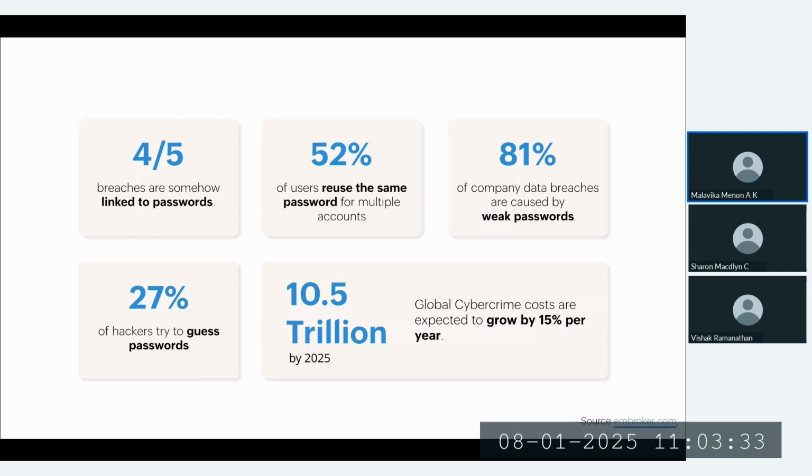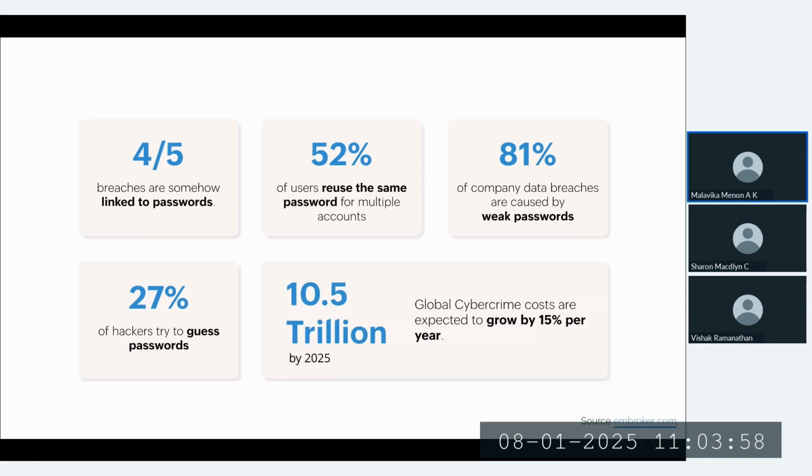As per mBroker, by 2025, global cyber crime costs are expected to grow by 15%, reaching 10.5 trillion. And also, 4 out of 5 breaches are somehow linked to passwords. These are some of the common stats that actually make us wonder.